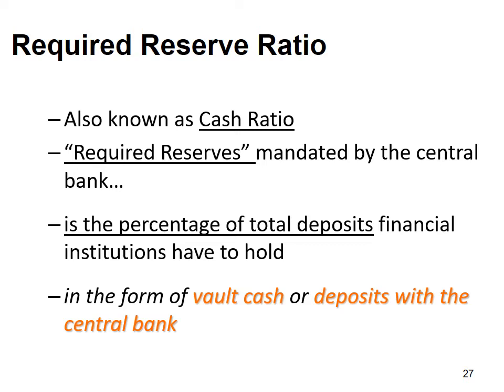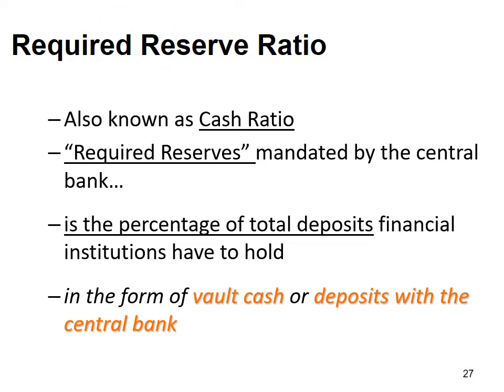The central bank will say, all the banks, you keep a certain ratio of the deposits that you have, just in case you have customers who want to withdraw money. Of course you don't anticipate that all the customers will turn up one day and withdraw everything. It's based on some kind of estimates. So this is known as the required reserve ratio.